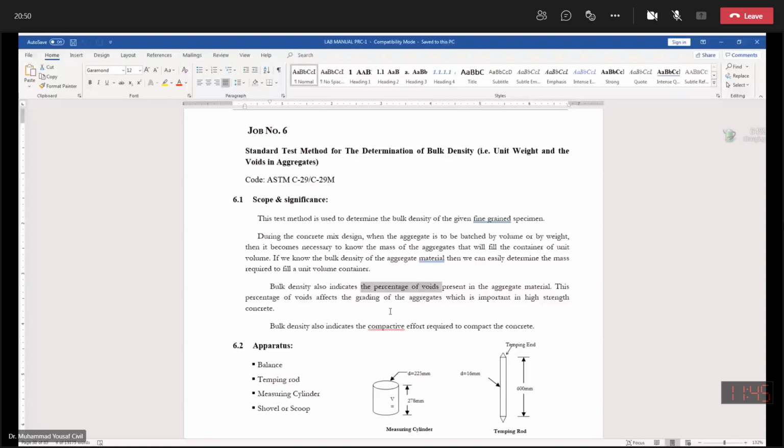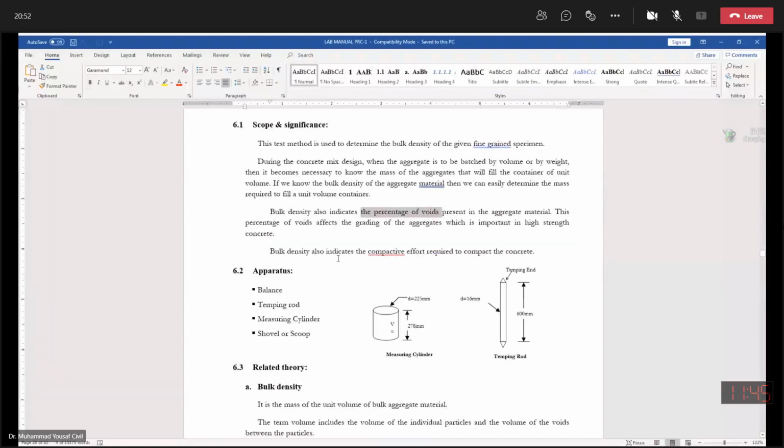Then the other significance is that it indicates the compactive effort. What does it mean? During compaction, what effort is required to compact it completely.